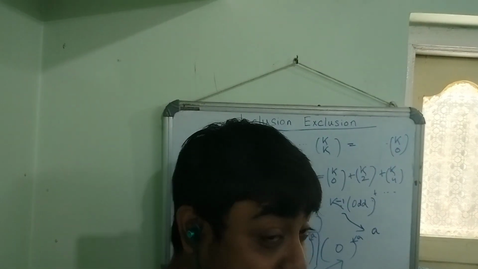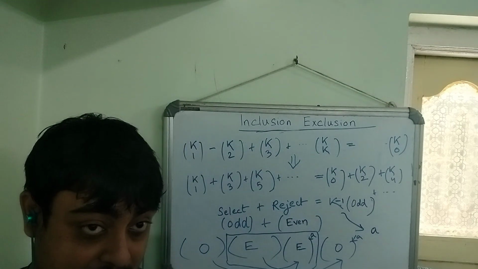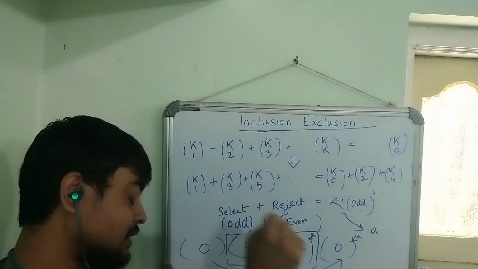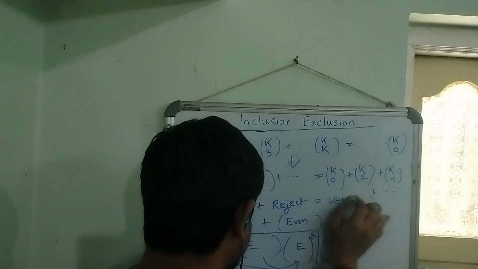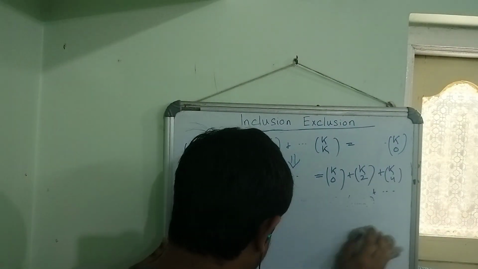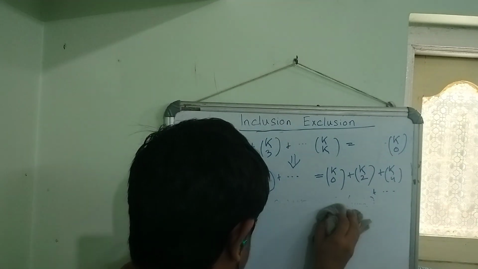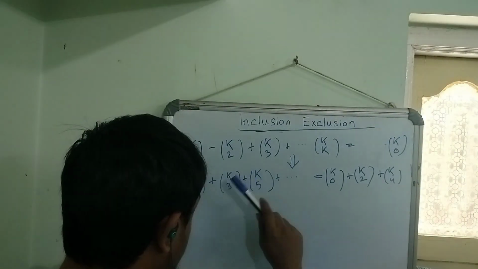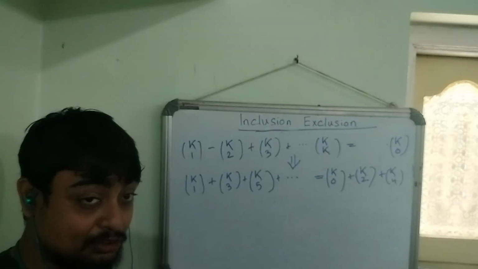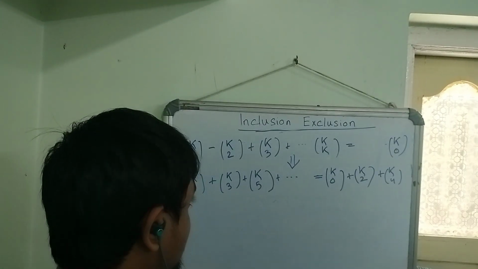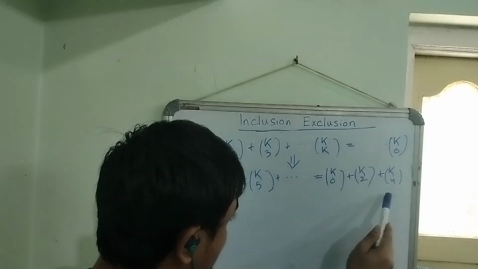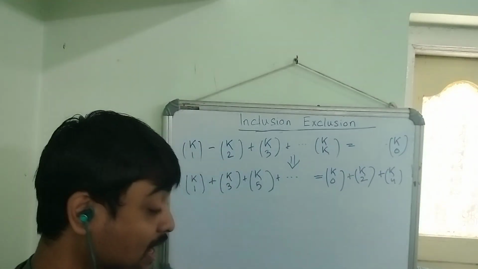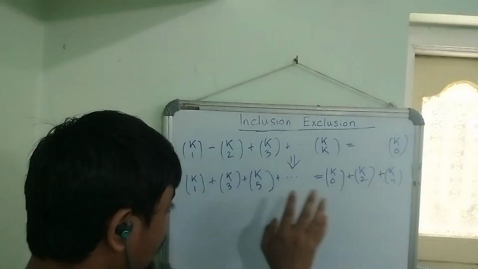If k is a positive integer, then the number of even subsets and the number of odd subsets will always be equal. And this is the gist of the inclusion exclusion principle. That is why, no matter what you do, we are just alternately adding and subtracting, because it will always result in one, as the number of odd subsets and even subsets in any finite collection is always the same.